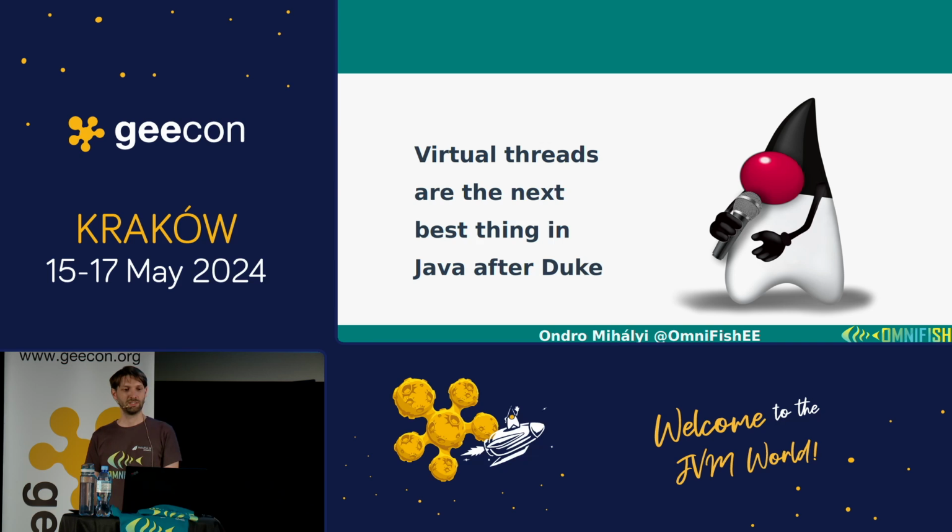So now I'm going to talk about virtual threads and why, because I believe it's a very good thing. And I love Duke, and I think it's very close to how I love Nuke.